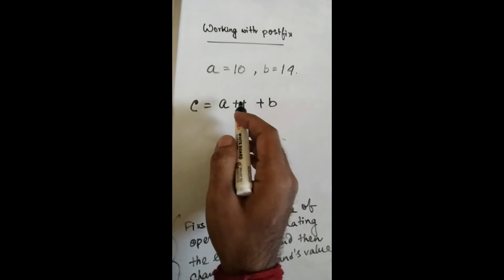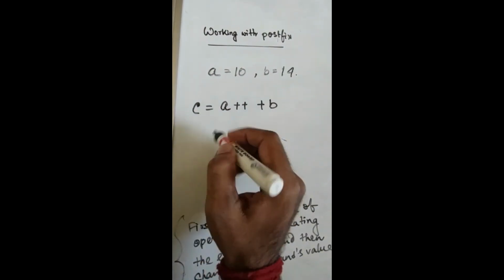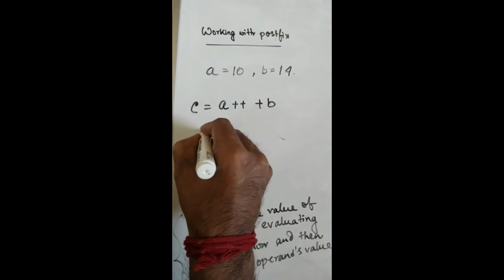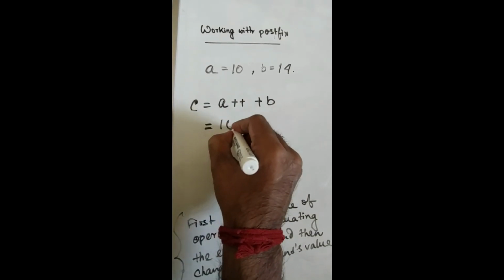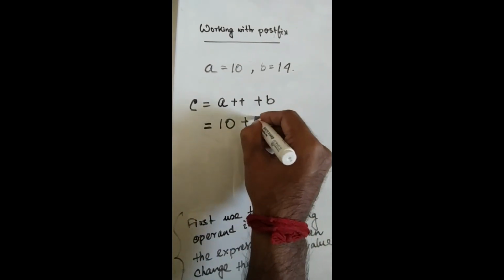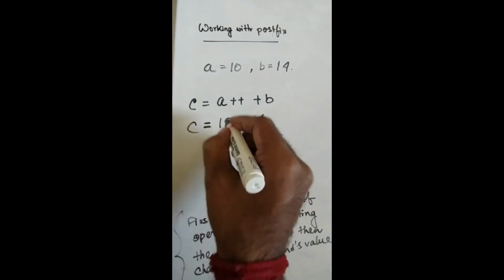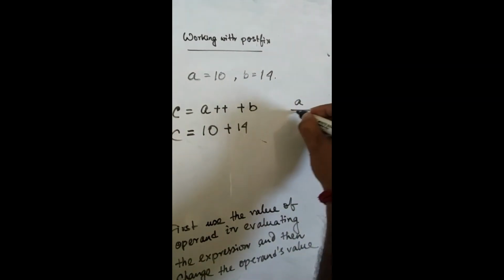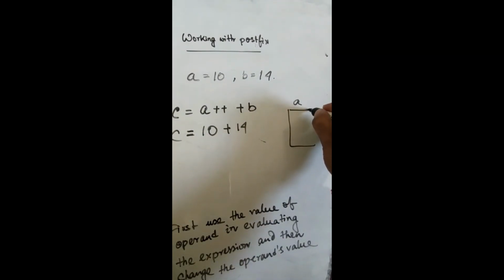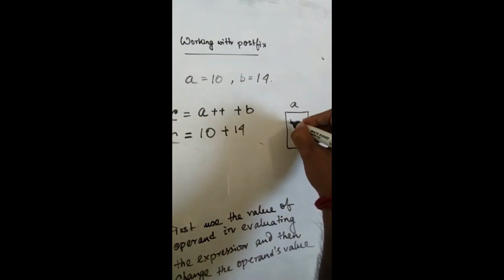So, at present a has the value 10. So we will use that value, 10 plus b equals 14. After putting the value, we will change the value of a by 1.